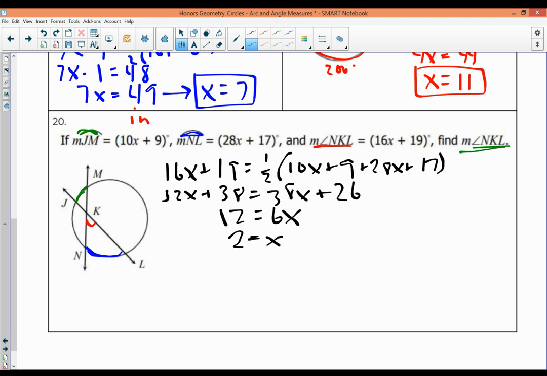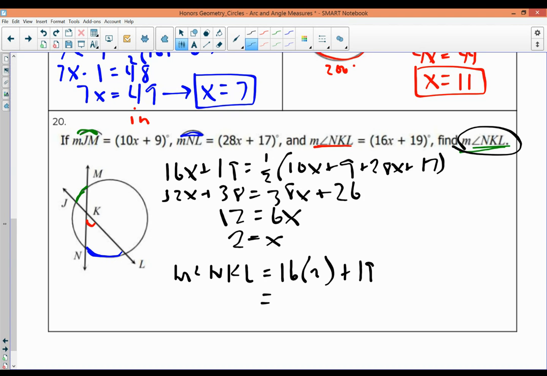So let me just check my answer real quick. 2 here, 32, 19. Oh, good for me. Okay. So now I have to substitute that into the measure of angle NKL, which is 16 times 2 plus 19, which will give us 41 degrees.